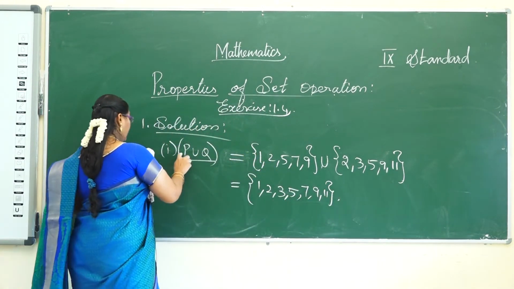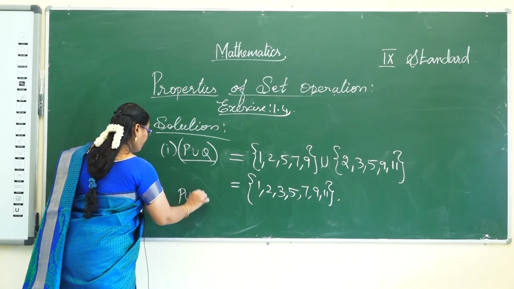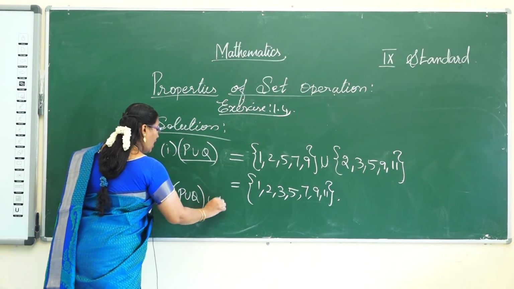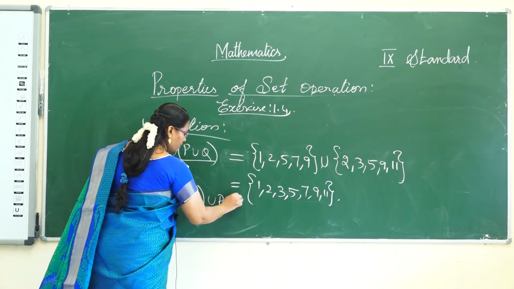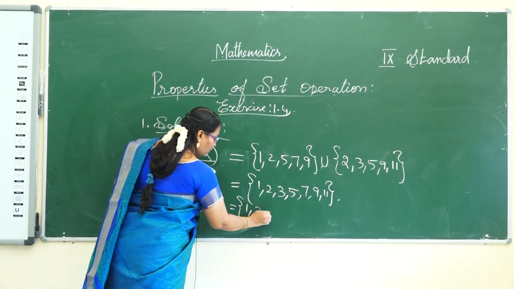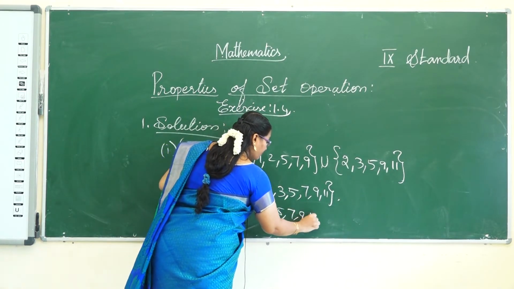Next, P union Q union R. P union Q we have already found, so the elements are 1, 2, 3, 5, 7, 9, 11.